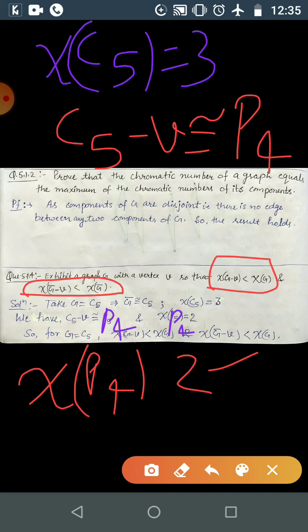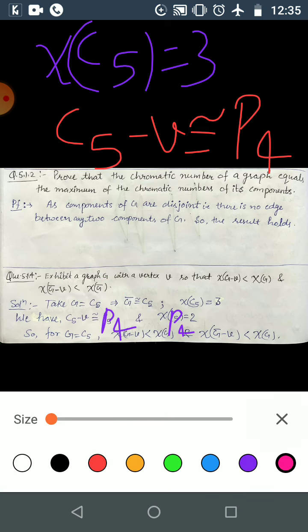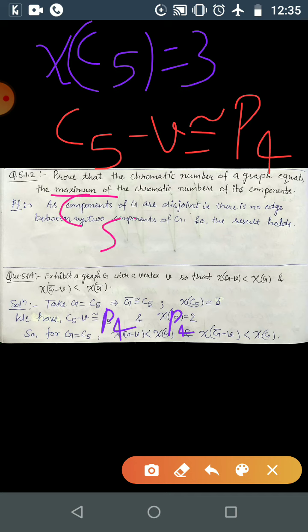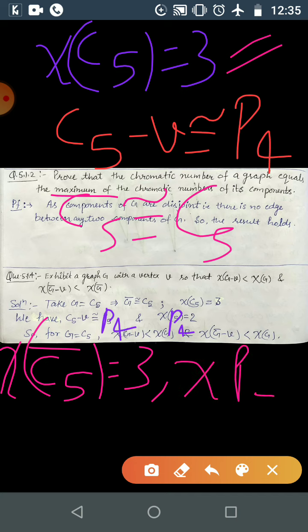And we know that C5 complement is again isomorphic to C5. So C5 complement is isomorphic to C5, so we can work with C5 only. The chromatic number of C5 is again 3, so for the complement also it is 3, correct. And if you remove one vertex from C5, you are again getting P4, correct.